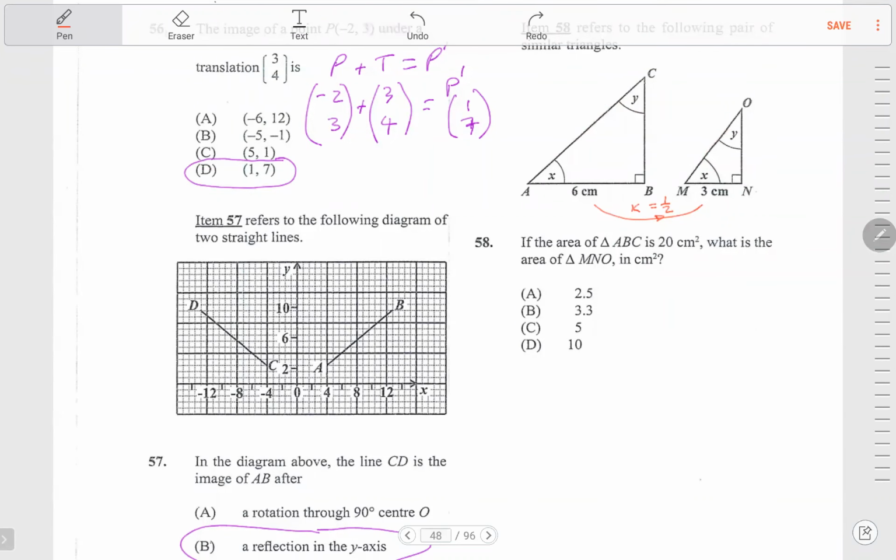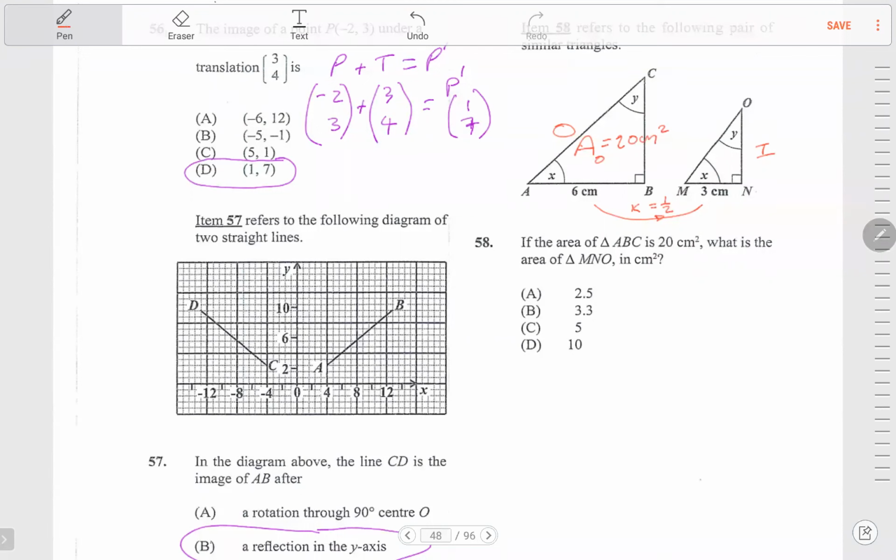I'm going to call this one the image triangle and this one the object triangle. They're telling us that the area of the object triangle is 20 centimeters squared.